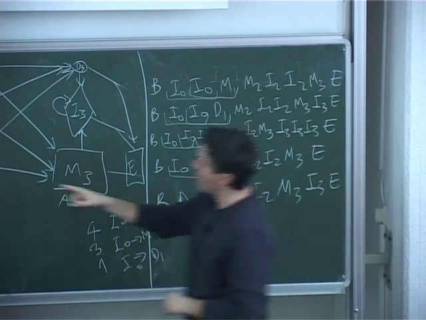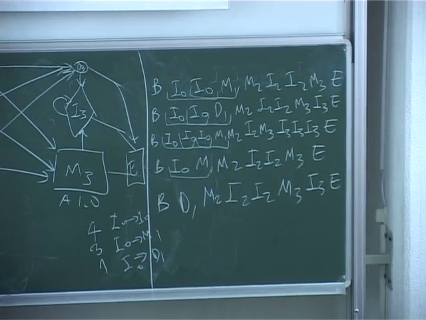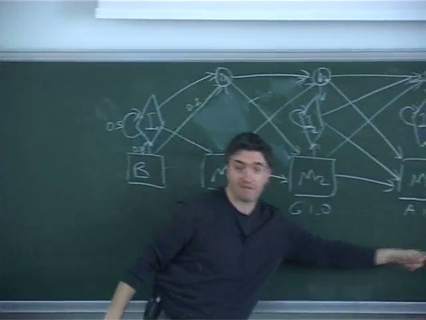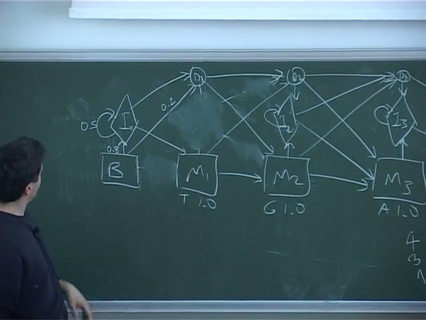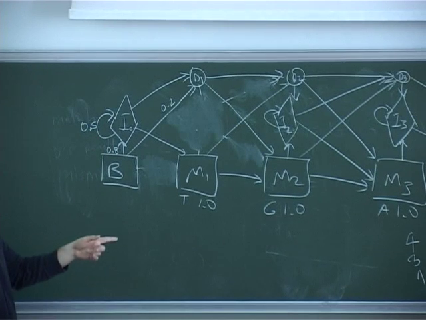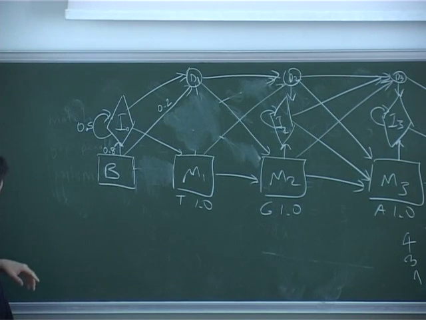Okay, and these are my outgoing arrows, all 3 outgoing arrows. I0 to I0 is going to be 4 over 8. It's going to be 0.5. The total of these transitions is 8. 4 of them go to I0, so it's going to be 0.5. I0 to M1, 3 divided by 8.